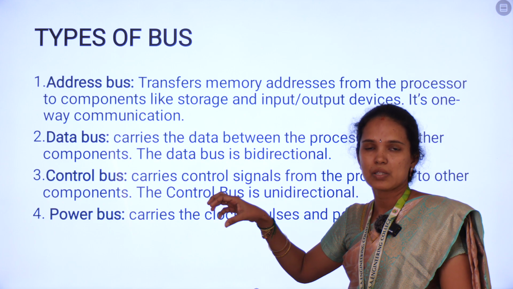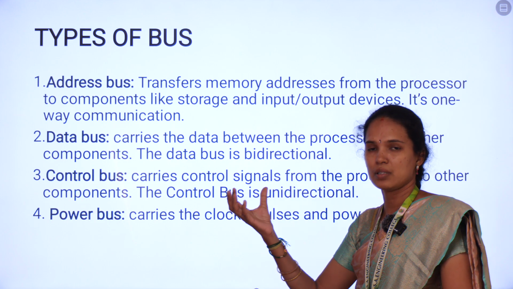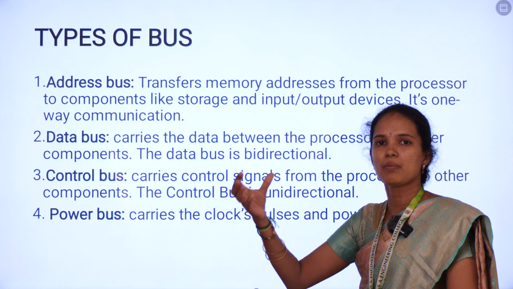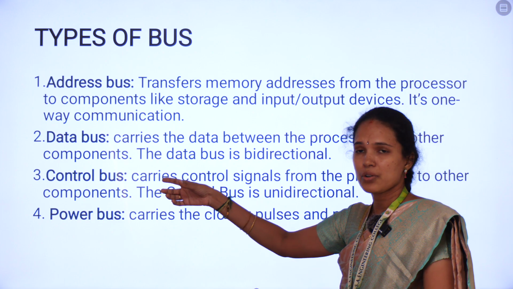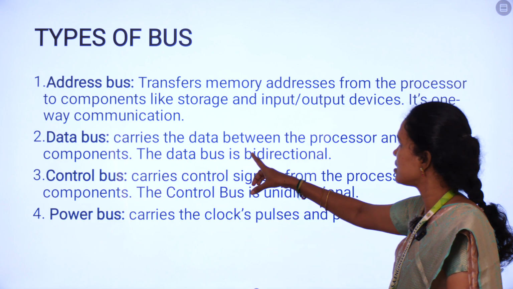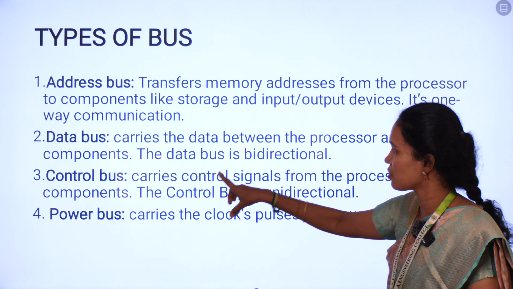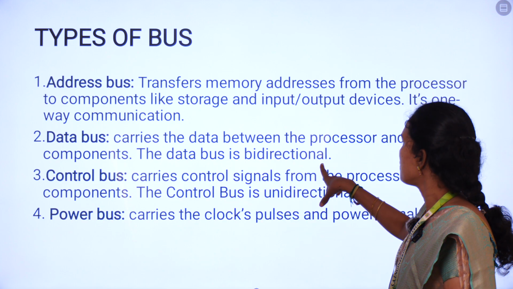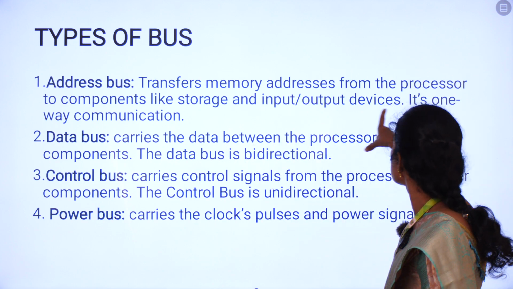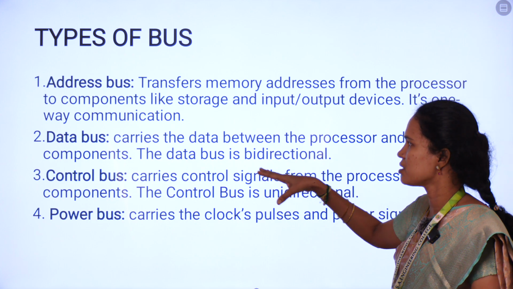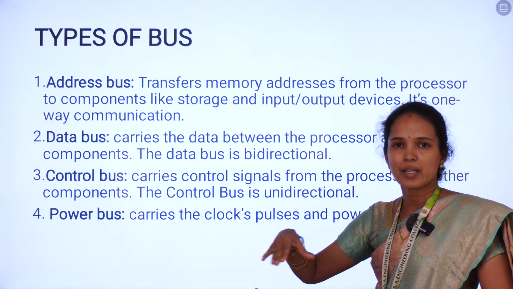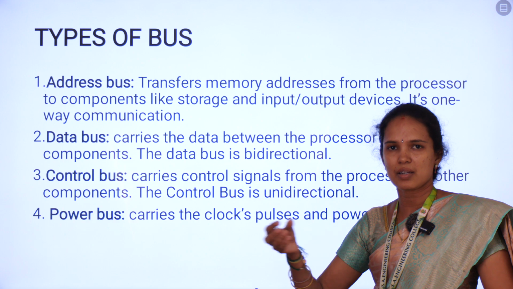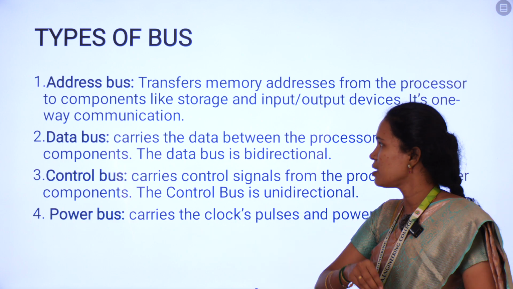The next one is the data bus. If you want to carry data from one component to another component, you have to use the data bus. It carries data between the processor and other components. The data bus is bidirectional. What is the meaning of one-directional and bidirectional? The address will be one-directional. It will not be sent back. Once it has reached the destination, it will not come back to the source place.